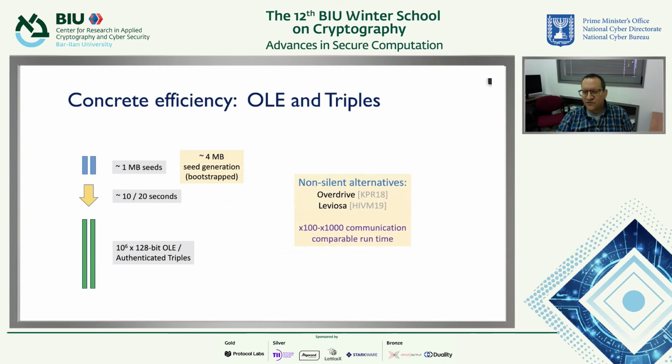And if you compare it to non-silent alternatives for generating triples or authenticated triples, like Overdrive, which is the SPDZ state-of-the-art implementation, and Leviosa, which uses an IPS-style approach, they're much, much more expensive in terms of communication, and the runtime is comparable.